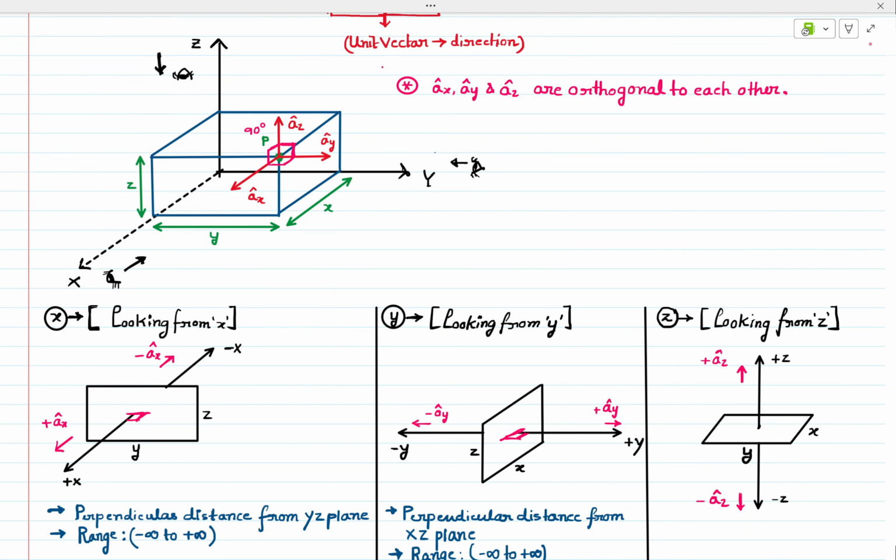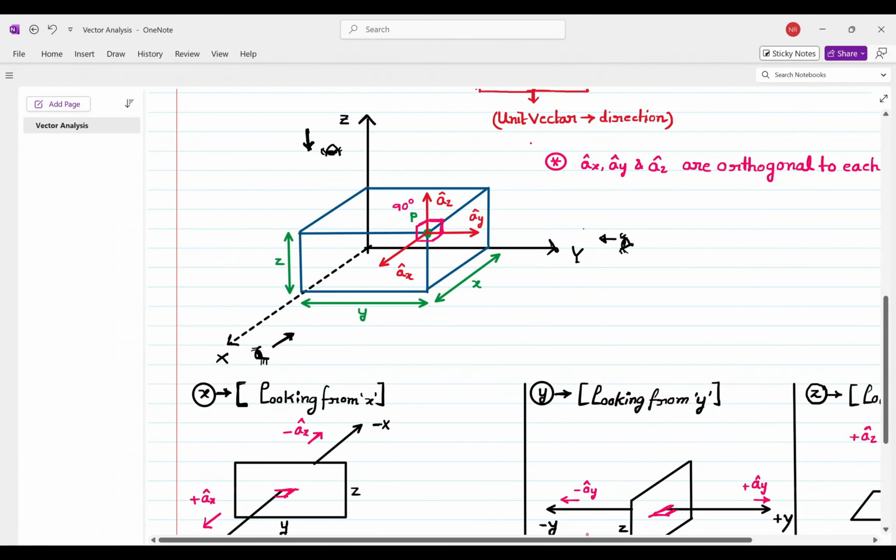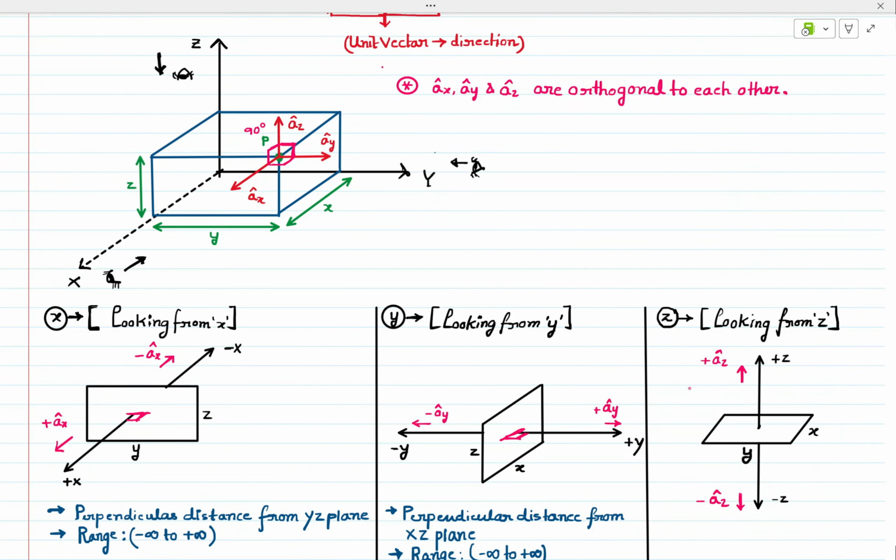Okay. So this is the Z, and not only that, this Z line, the infinite line from plus Z to minus Z, is perpendicular above the XY plane, right?